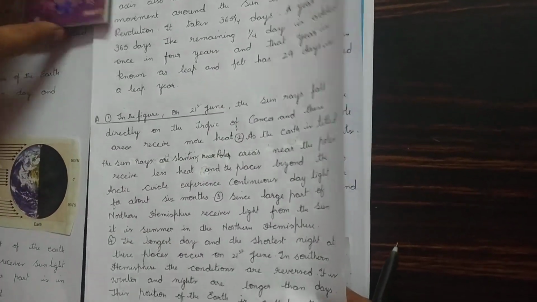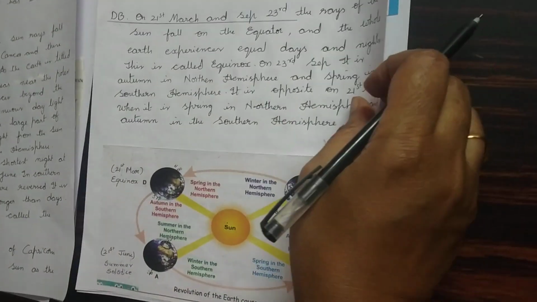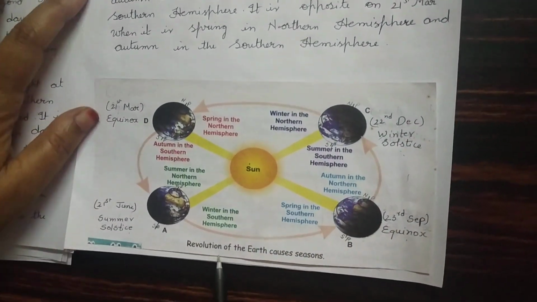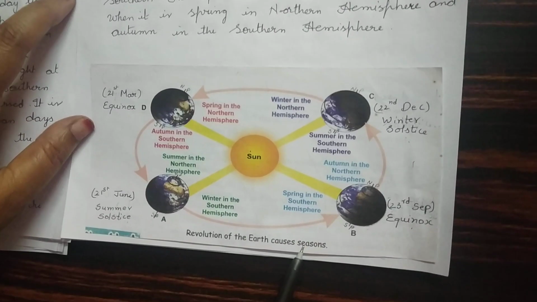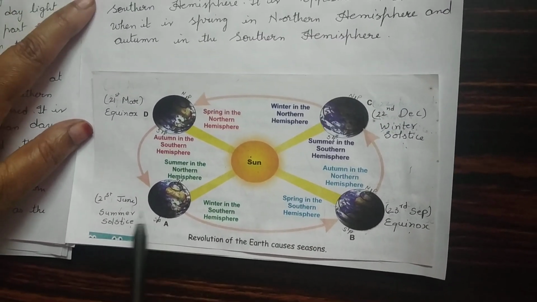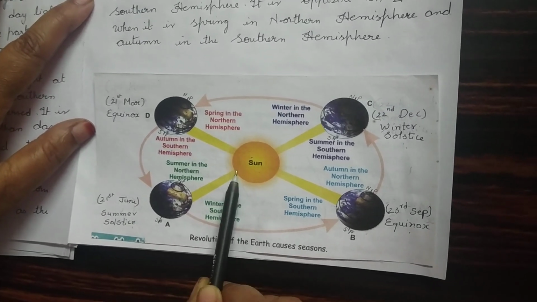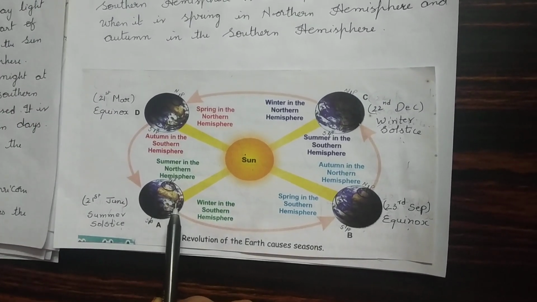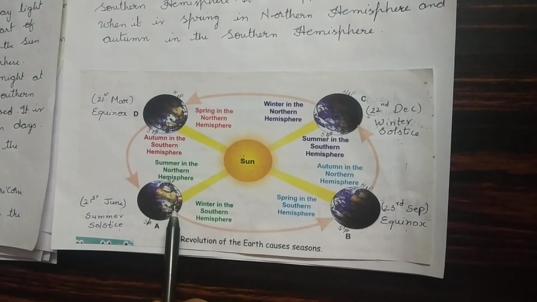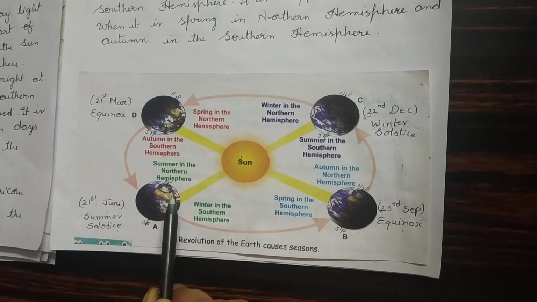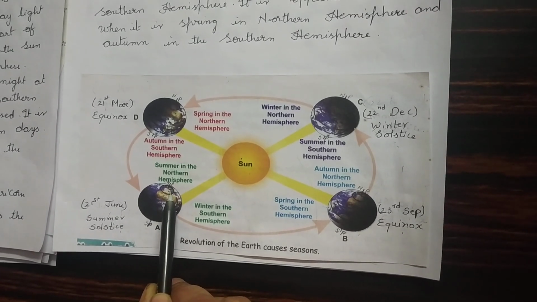This I will explain with the help of this figure, children. Here you see. This picture shows the revolution of earth causes seasons. In this figure, in A position, on 21st June, the sun's rays fall directly on the Tropic of Cancer, and these areas receive more heat. As the earth is tilted, the sun's rays are slanting near the poles.